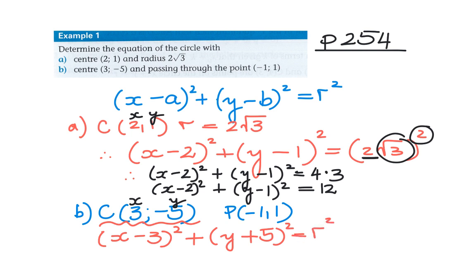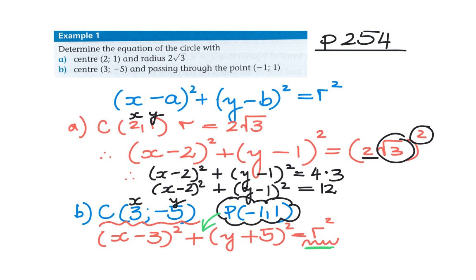What do I need to calculate? Well, I need to find r. How would we find r? Well, we've been given a point, which means that if I substitute the given point into the curve, I should be able to find r.